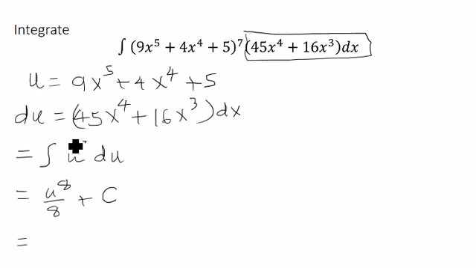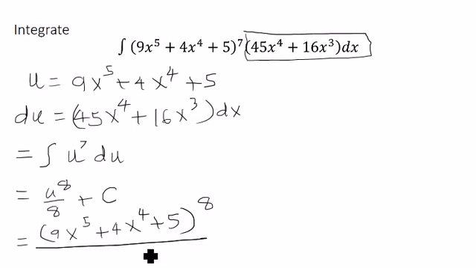So u originally is 9x to the 5 plus 4x to the 4 plus 5. So we're going to do that here. So it's going to be (9x to the 5 plus 4x to the 4 plus 5) to the power 8 divided by 8 plus a constant c. All right, that's the answer for this integral.